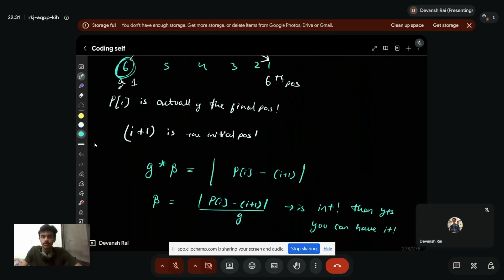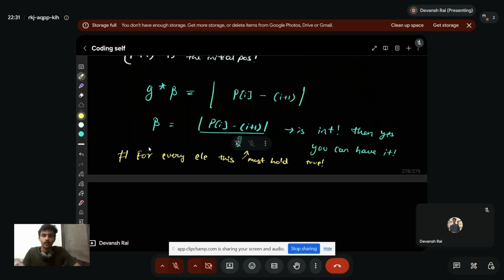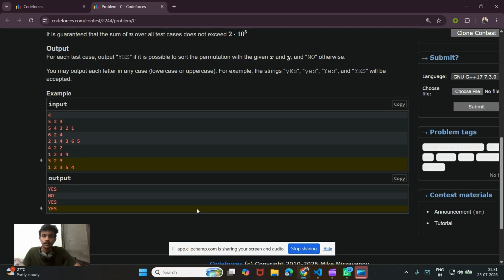You can have it, of course. For every element, this must hold true. Okay, all right, let's code it now. If you didn't understand it, please rewind it and check again what it all means.